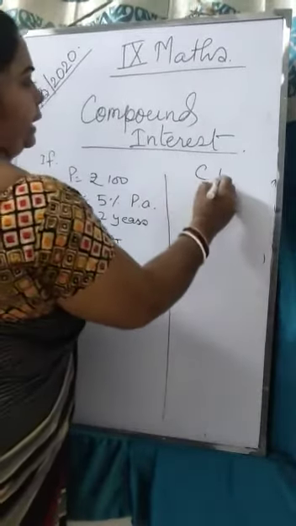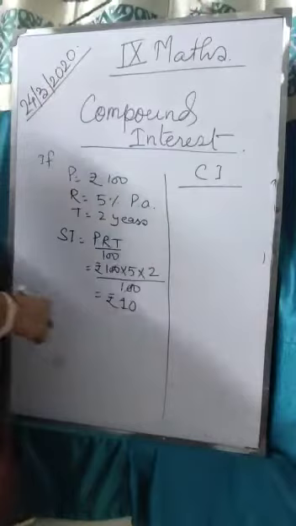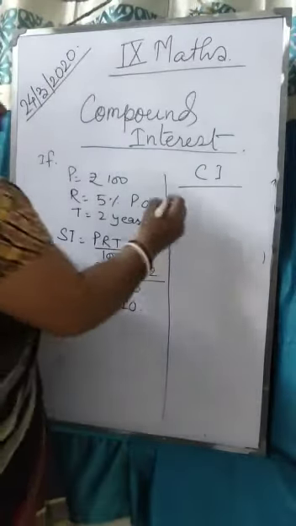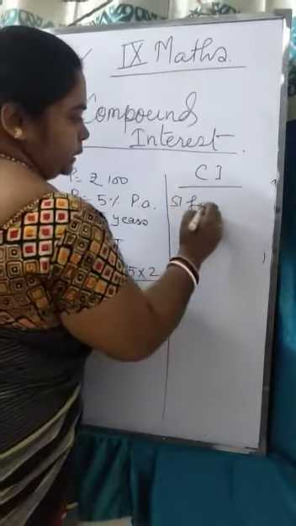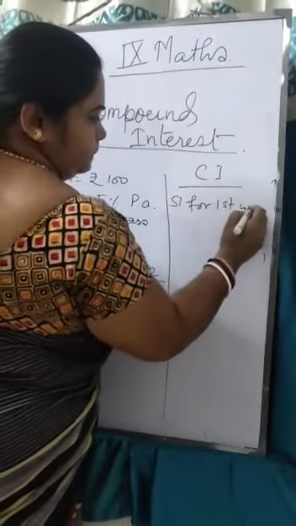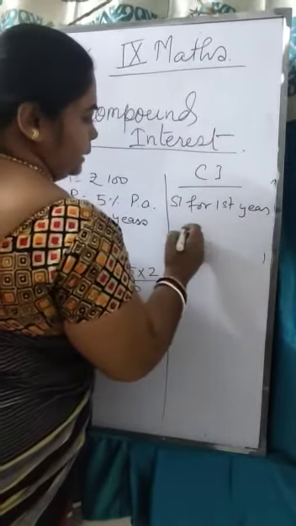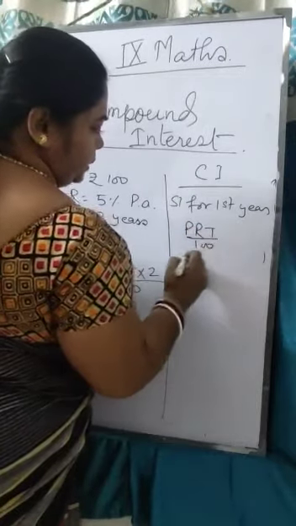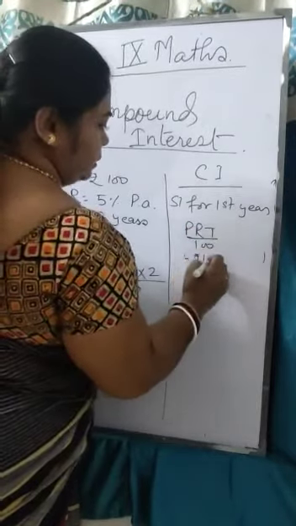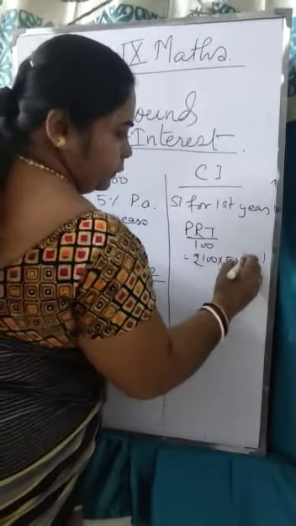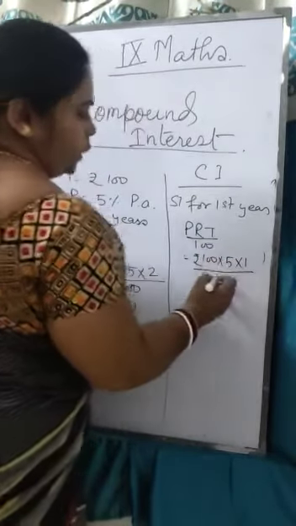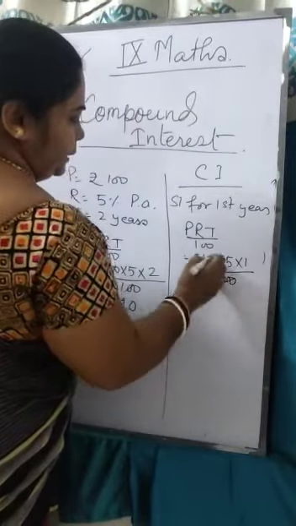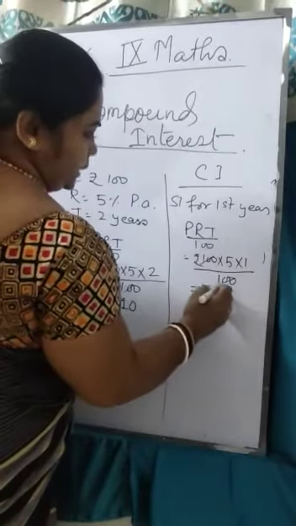To find CI, we get the interest after 1 year. Just SI for the first year, that is PRT by 100, or rupees 100 into 5. So it is for the first year, so we write 1 year by 100, and this gives you rupees 5.